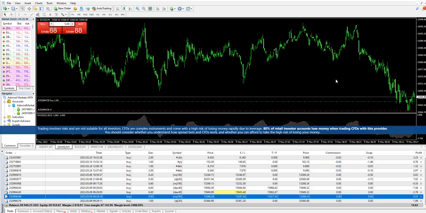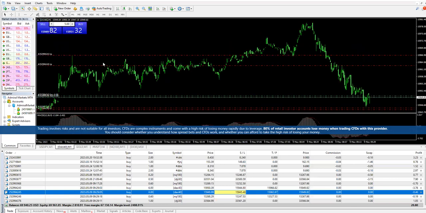In my opinion, the best I can do is close all and come back later. Because now the DAX is still slipping. Maybe in some minutes we will see a nice movement.